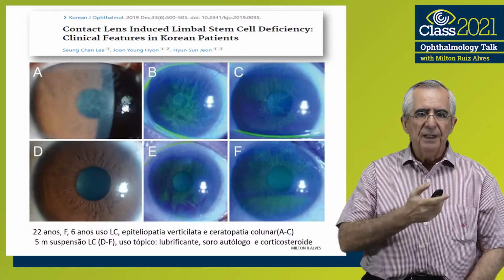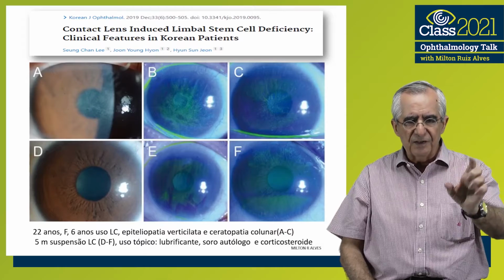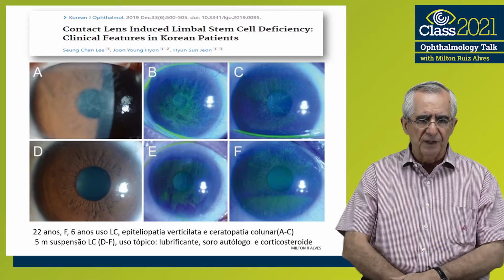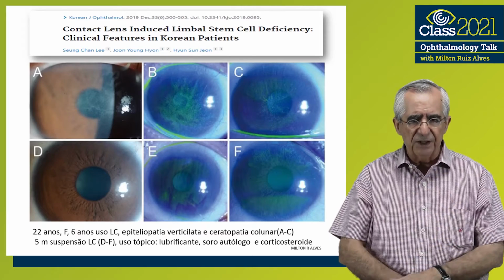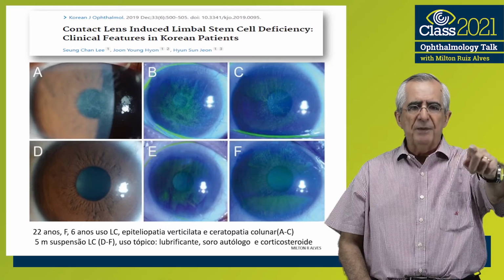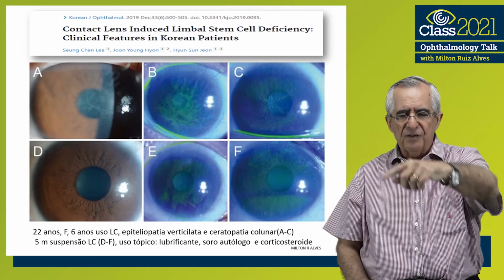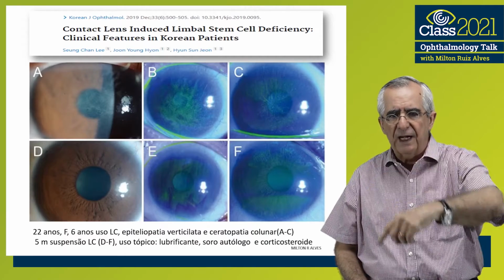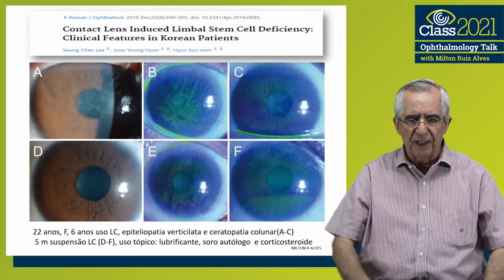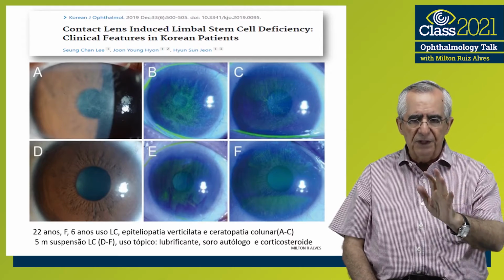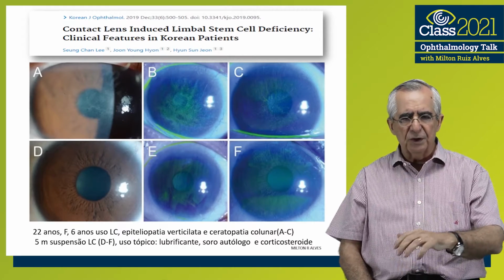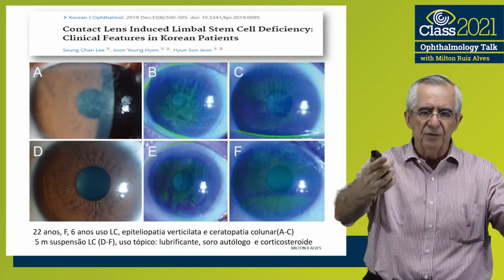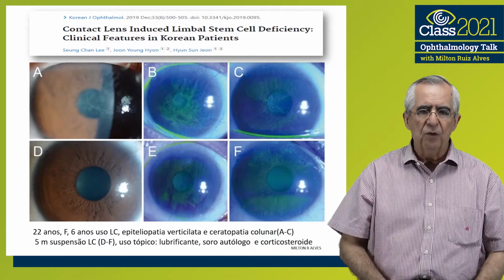And these authors highlight the case of a 22-year-old who had been recently discovered to have worn contact lenses for 6 years, and who presents in figures A, B, and C pre-treatment columnar keratopathy, after which the contact lens was discontinued. And with the use of topical preservative-free lubricant, autologous serum, and corticosteroids, 5 months later there was a great improvement that you see in the ocular surface of this person, in figures D, E, and F.